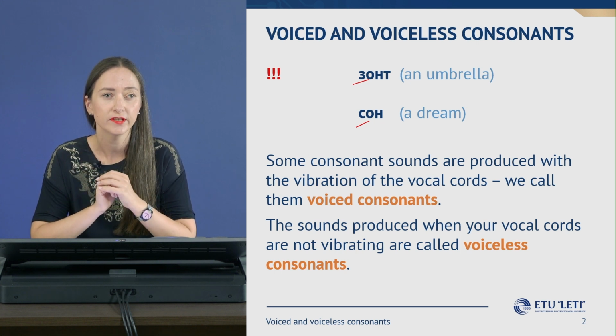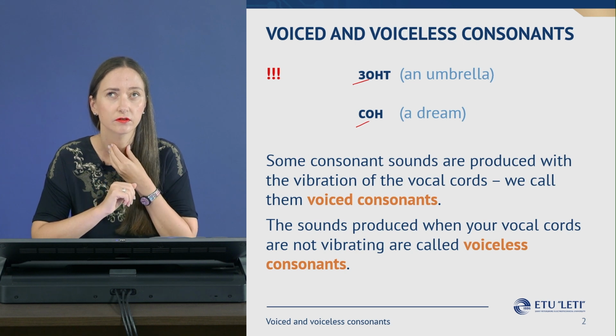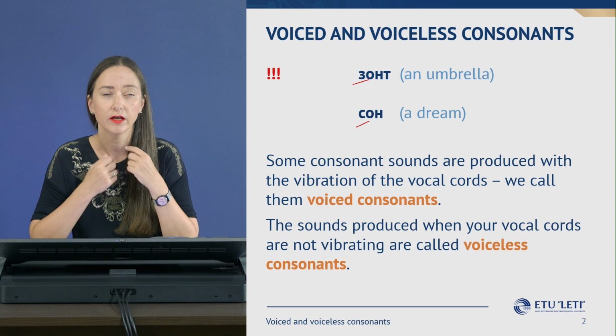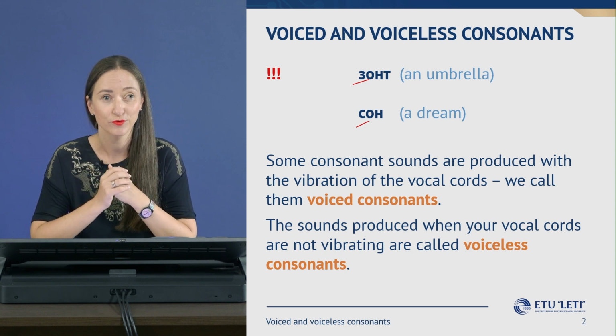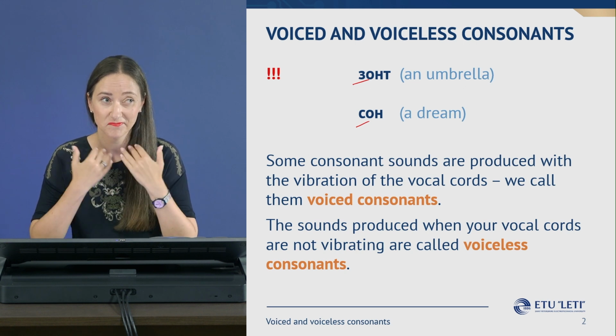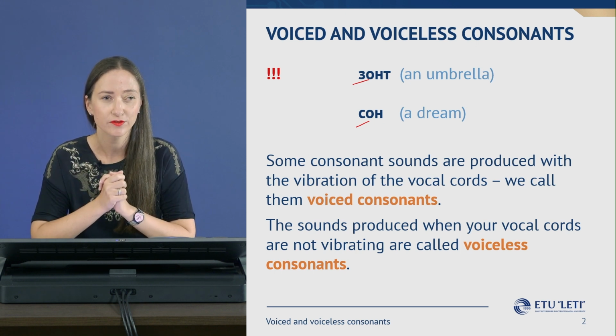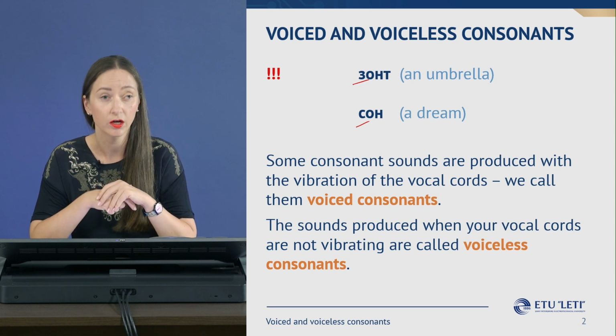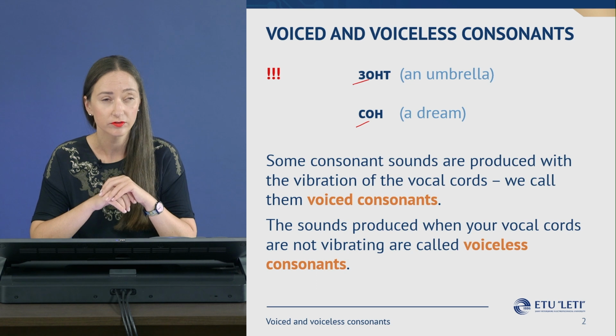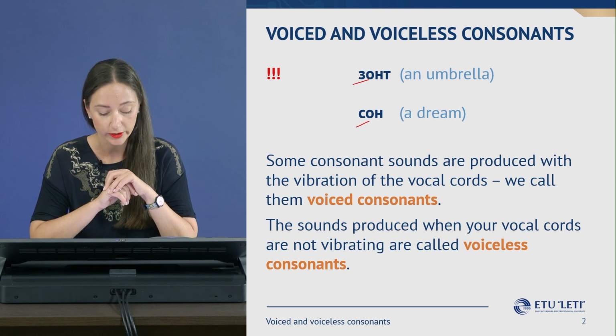However, if you say the sound s, s, you can feel that your vocal cords are kind of silent. They do not move. This is the difference between voiced and voiceless, or sometimes unvoiced, consonant sounds, to be precise.